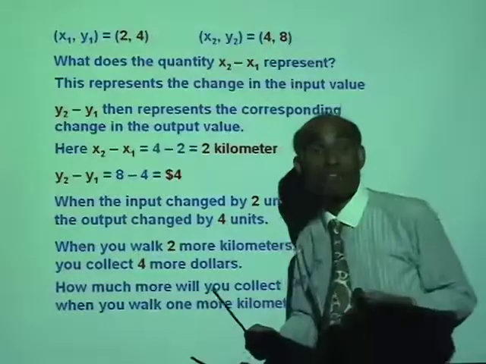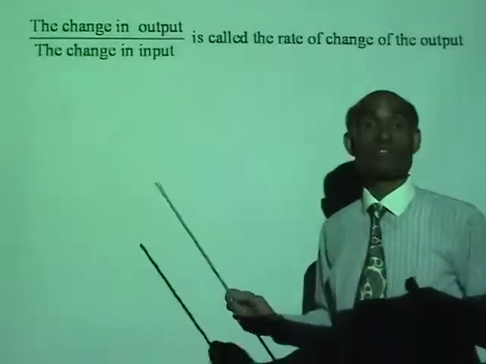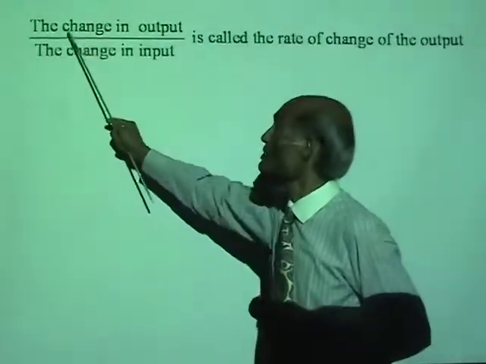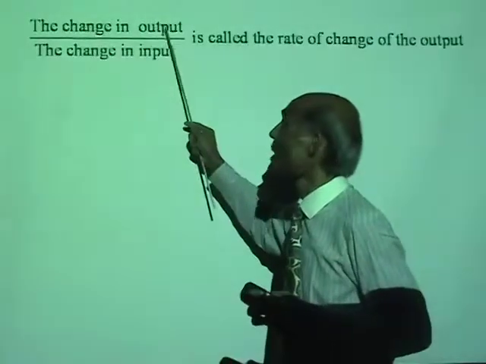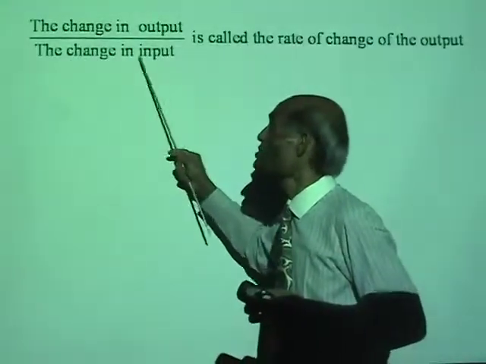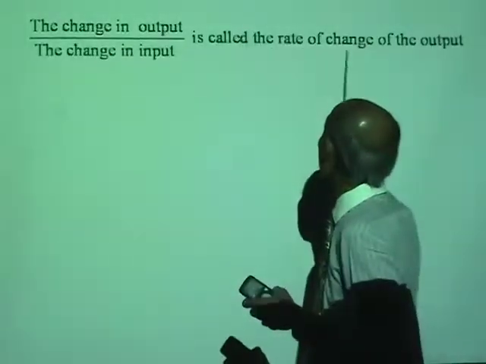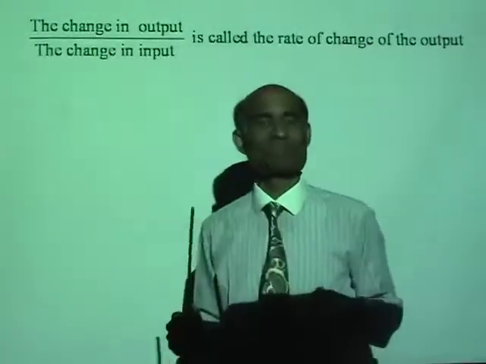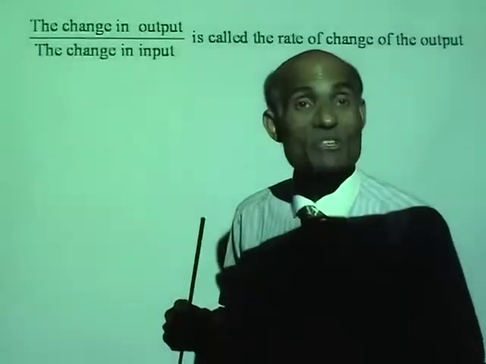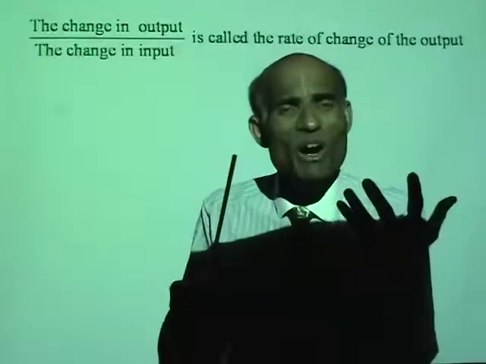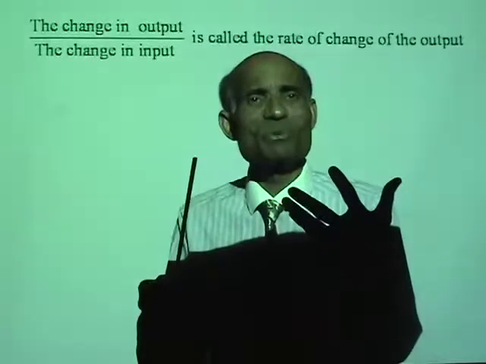Now, this quantity has a great significance in mathematics. Look at this quantity. The change in the output divided by the change in the input is called the rate of change of the output. The rate of change of the output. What is the meaning of the rate of change of the output?